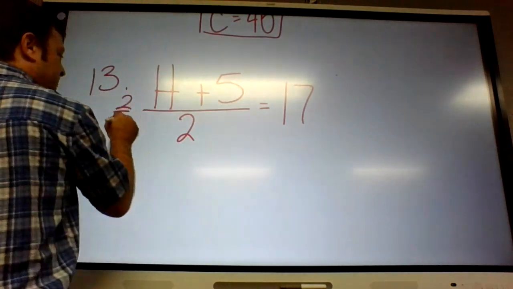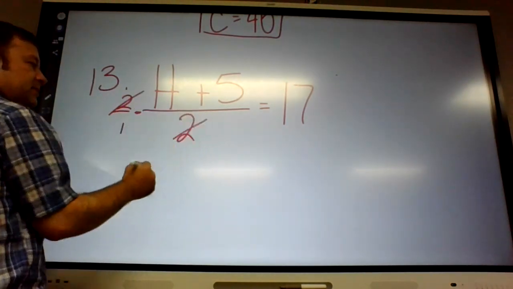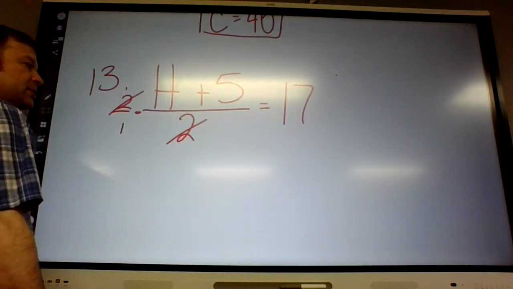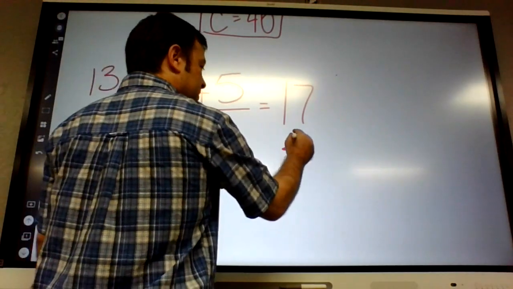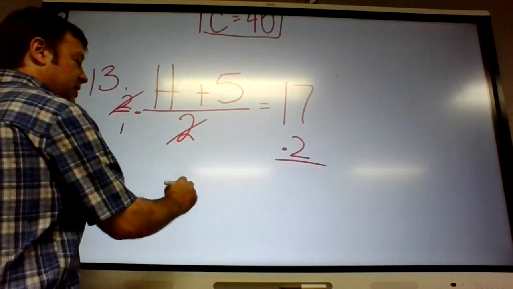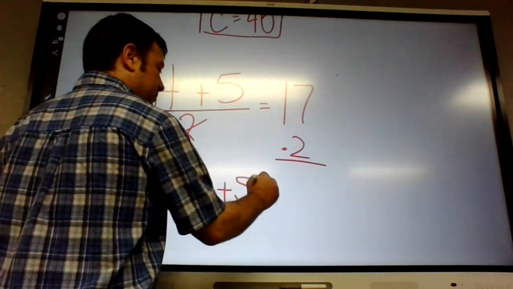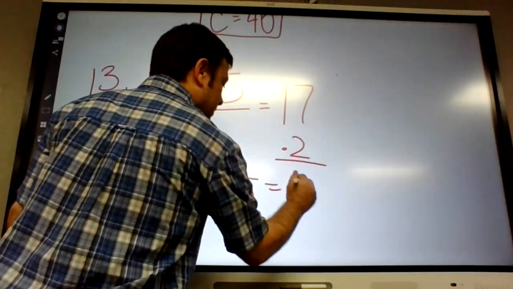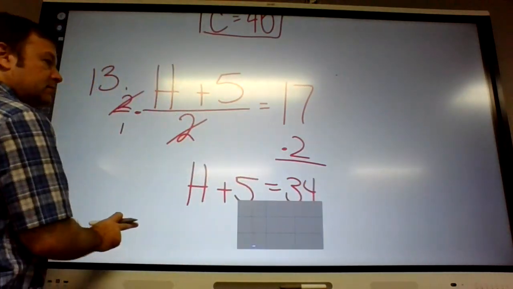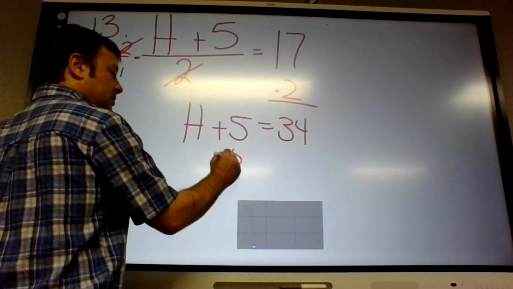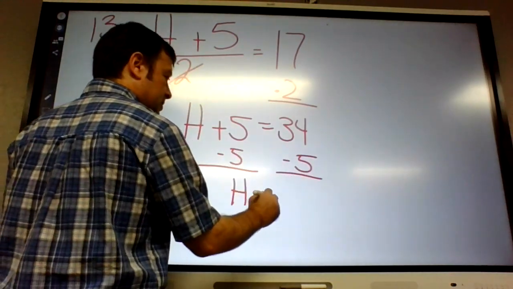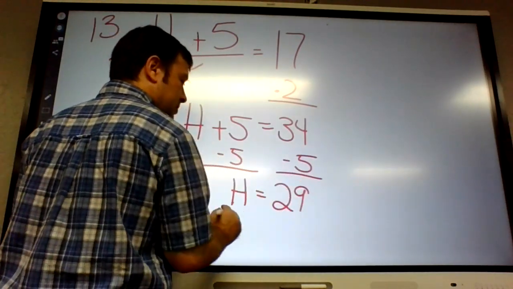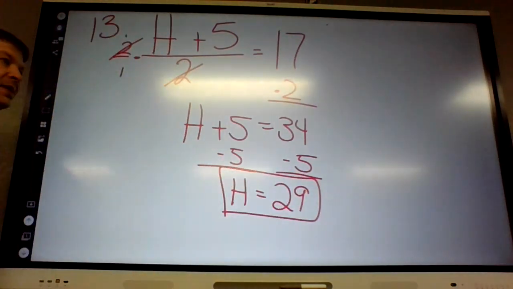Because basically what's happening when you multiply by 2 is those go away, right? 2 divided by 2, and multiply that side by 2. So we get H plus 5 equals 34. So she must have had 29 hats.